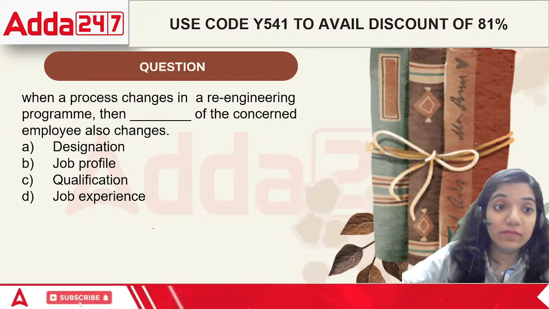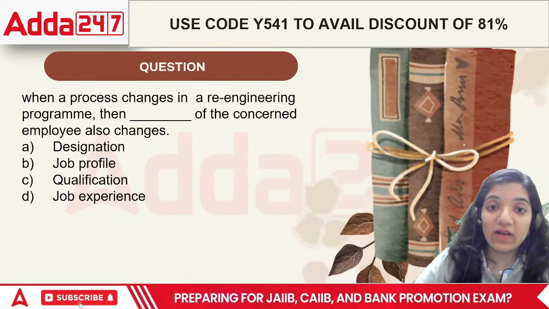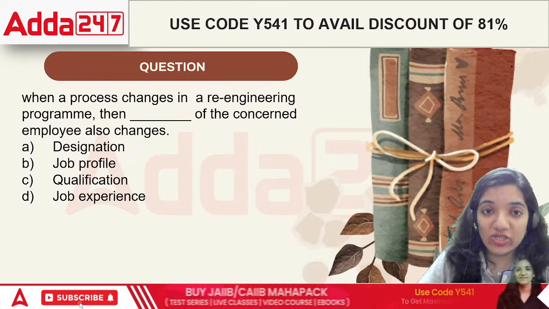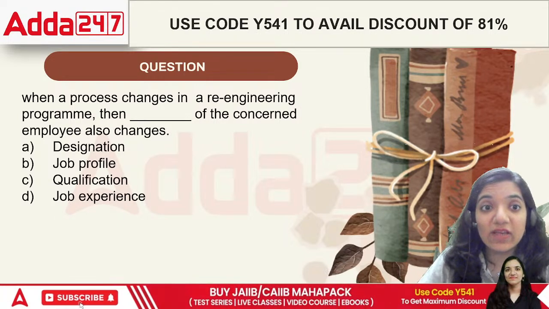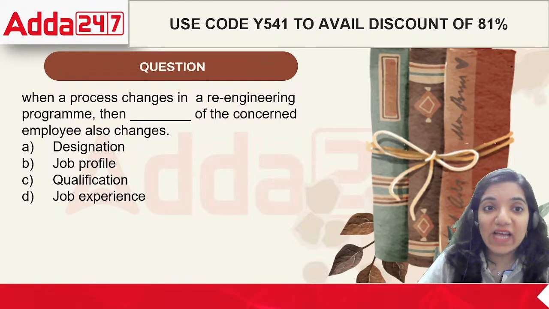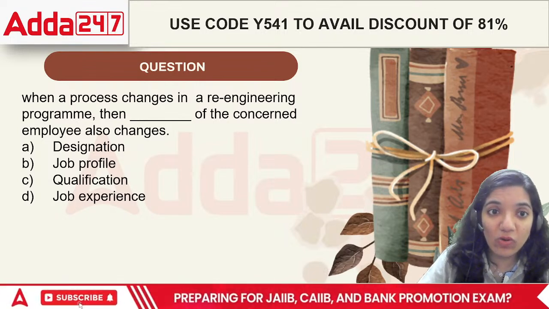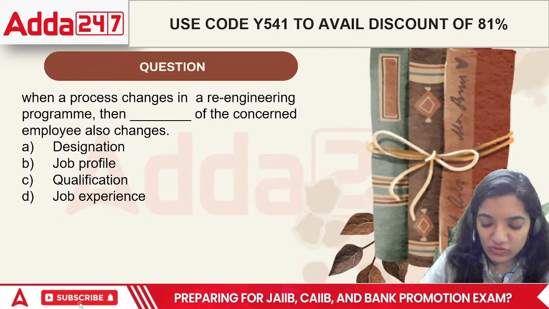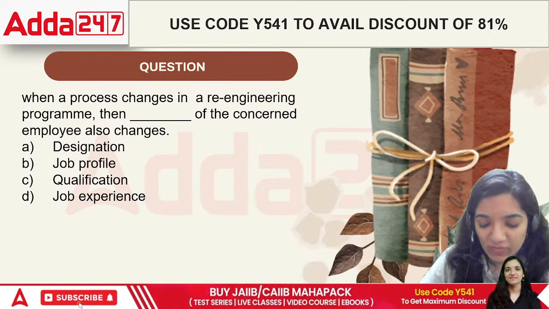Then the next point that comes here is when a process changes in a re-engineering program, then dash of the concerned employee also changes. If they look towards re-engineering, what happens in this case, everyone?